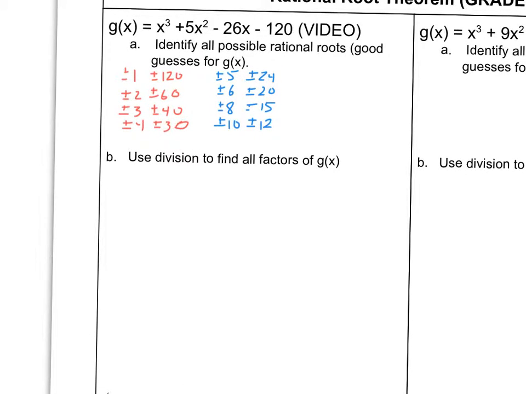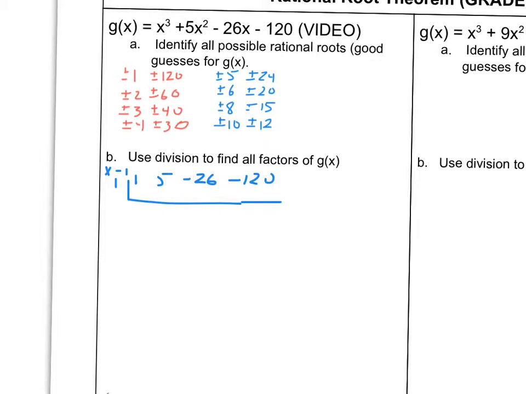But let's just start dividing. I want to do this in a really organized way, so I'm going to start with 1s or 2s, maybe just 1s. So that's going to be x minus 1 to give me a positive 1. We're going to have 1, 5, negative 26, and negative 120.